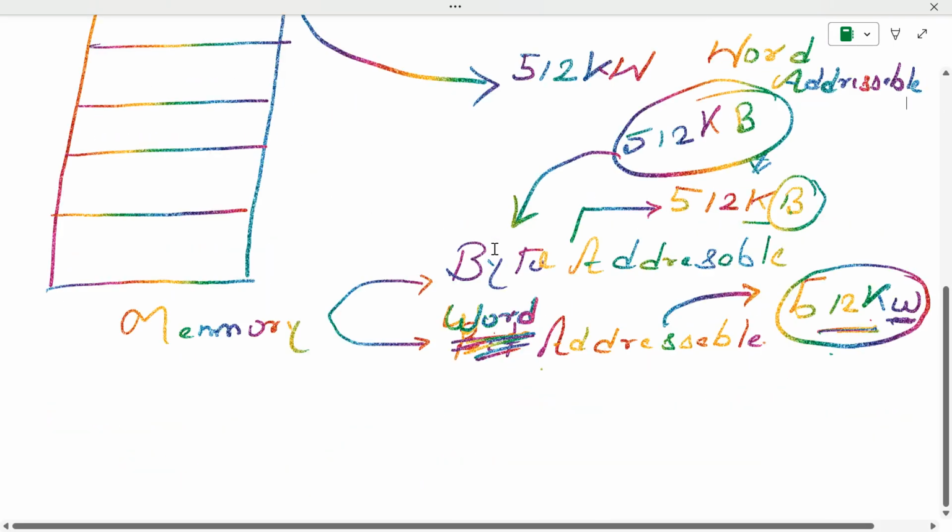Now let me illustrate what this word or byte addressable part is. First of all, we need to recall that 2 squared is 4, 2 cubed is 8, 2 raised to the power 4 is 16, 2 raised to the power 5 is 32, and 2 raised to the power 7 is 128.